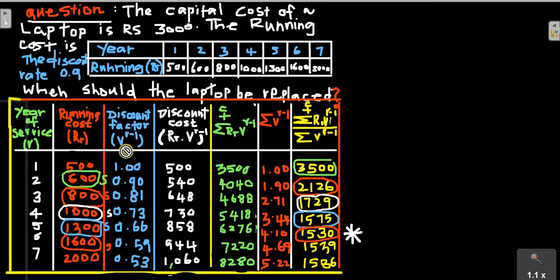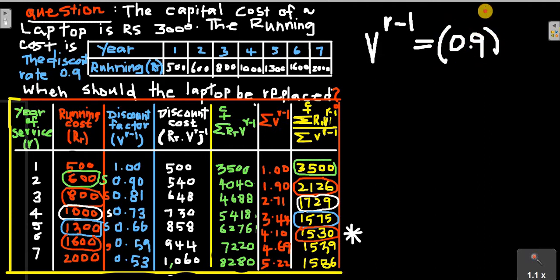This part is a little difficult for us, so I will tell you how to find the discount factor. The formula is V to the power R minus 1, where V is the discount rate, that is 0.9 to the power R minus 1.